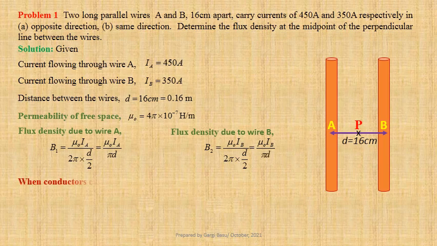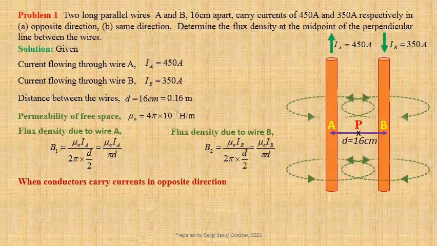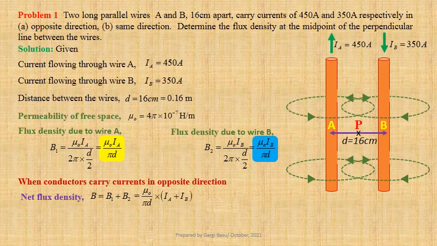When conductors carry current in opposite direction, the directions of two magnetic fields are same in the space between the wires. Therefore, net flux density B equals B1 plus B2, that is equal to mu 0 by pi d into IA plus IB.